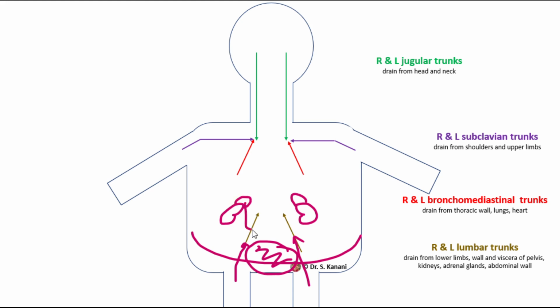So from all these structures, lymph will empty into the lumbar trunks, and we notice that the lumbar trunks are taking lymph toward a section in abdominal area which is very close to lumbar vertebral bones.